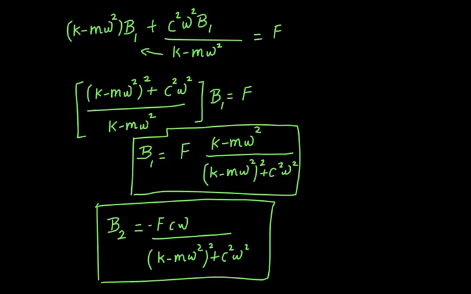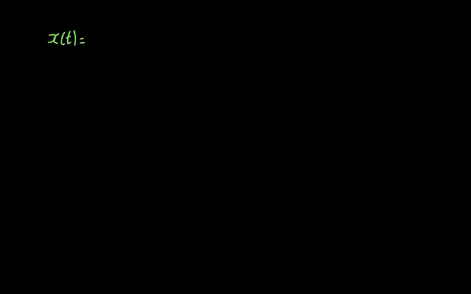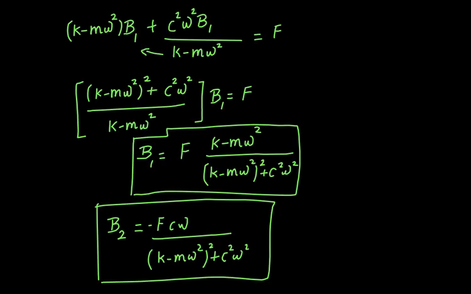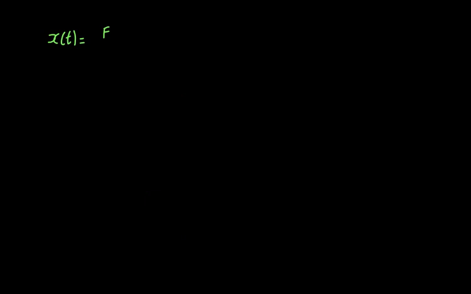Yeah, that's right. B1 sine omega t, which is F into (K minus M omega squared) divided by (K minus M omega squared) the whole squared plus omega squared C squared.